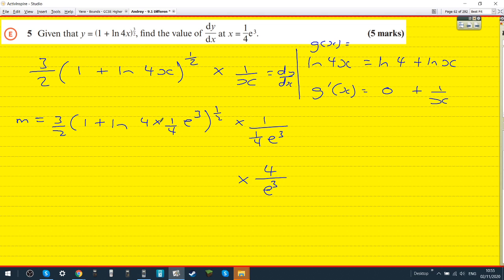What I would do is, you've got 3 over 2 times this bracket times this at the end. So I would combine the 3 over 2 with the thing at the end. Oh, yeah. And then that'll become 12. Oh, no, just 6 over e cubed. Yeah. So 6 over e cubed, and then let's deal with this bracket.